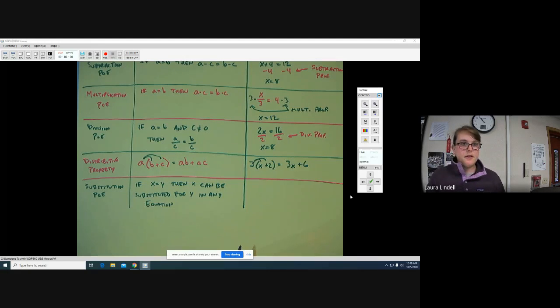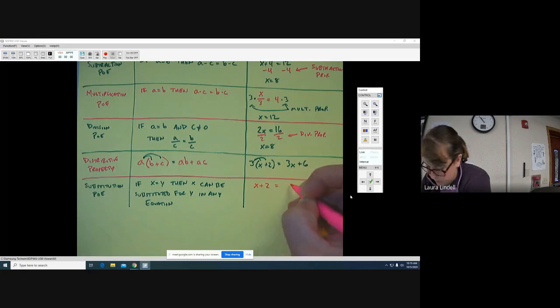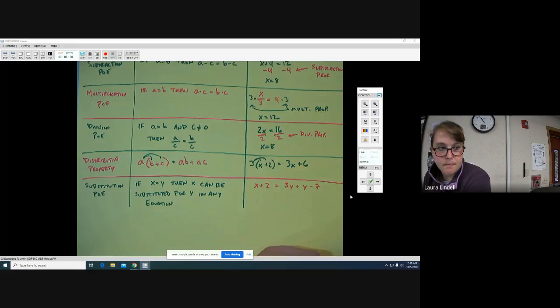So the way that we see this used is when we're combining like terms. A lot of times you'll see that in algebra if you're combining like terms. So for example, if we had x plus 2 equals 3x plus x minus 7 or something like that.